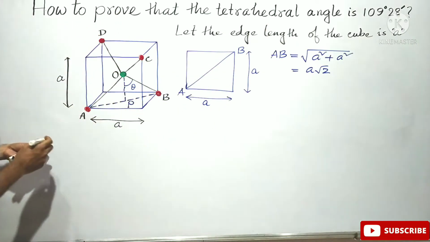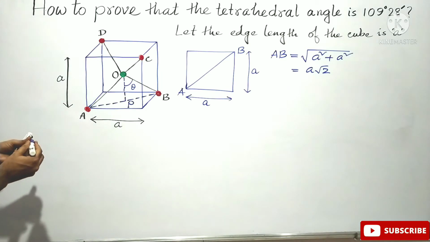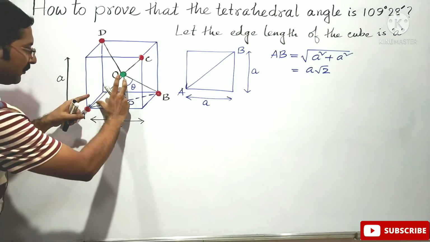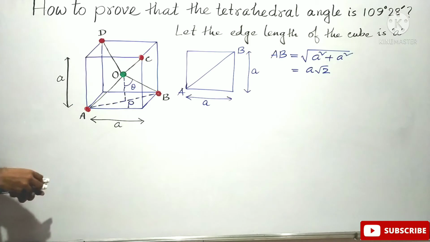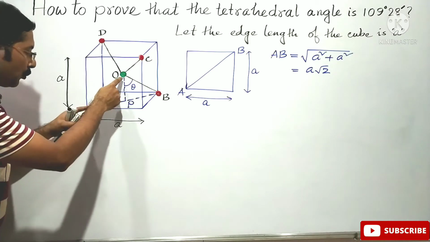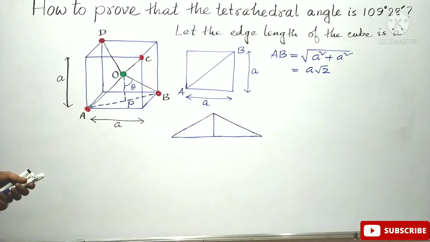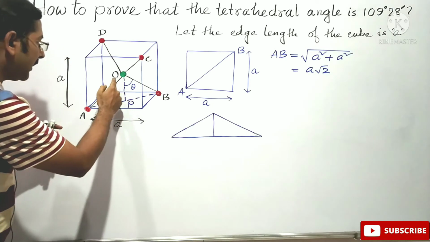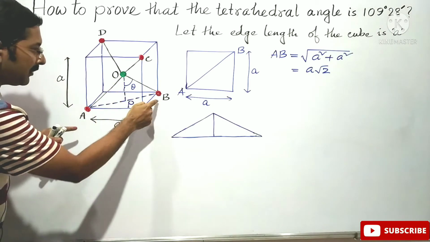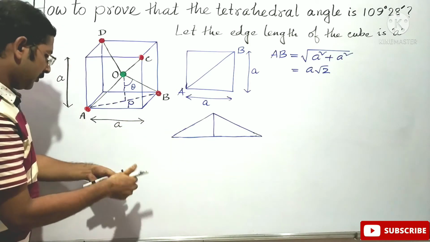This is AB. Now we can draw this OAPB segment over there.